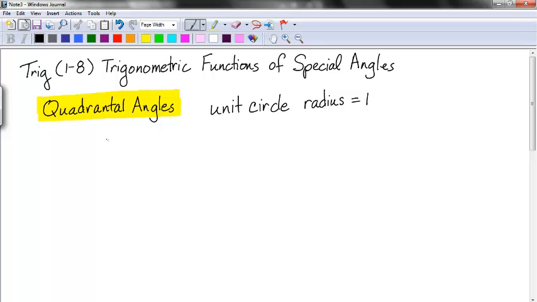Okay? First one we're going to look at for the quadrantal, and we're going to look at several pictures. And on all these, you do want to draw a sketch. You know, in trig, that's the critical part, is to draw a sketch. So if you're on the positive side of the x-axis, and if the unit circle was a radius of 1, and let's look at 0 degrees.